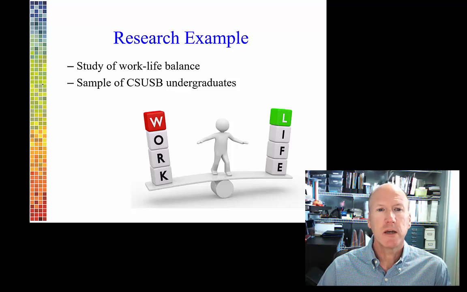So I'm conducting a study right now and collected some data from CSUSB undergraduates, and I did this through the psychology department's SONA system, and some of you may have participated in some research through that program. And so this is a non-random sample, so I won't be able to apply my findings to all of the undergraduates at Cal State because each student did not have an equal chance of being selected into my sample.